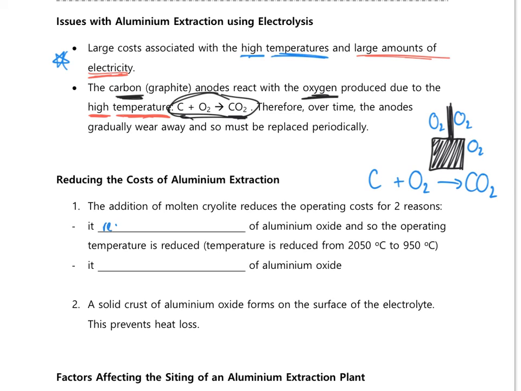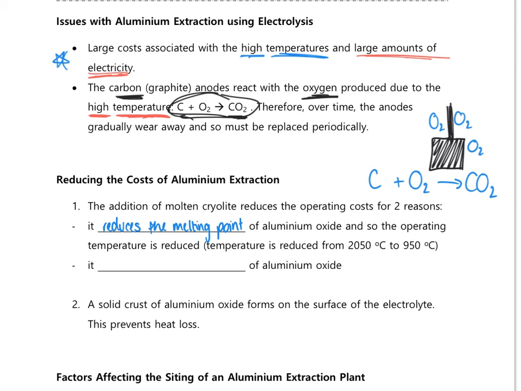It reduces the melting point of aluminium oxide. If I've reduced the melting point of aluminium oxide, what that means is that I do not have to heat it to such a high temperature in order to get it in the liquid form. And remember, I need to put it in the liquid form, otherwise it doesn't conduct electricity.